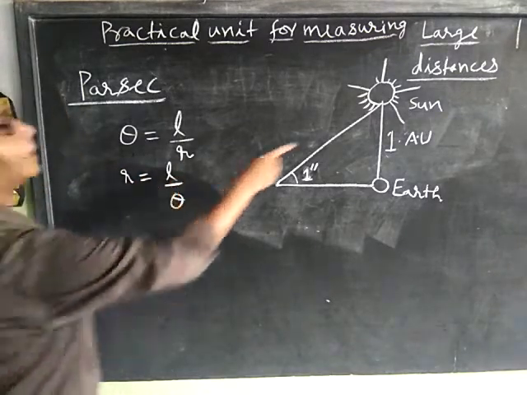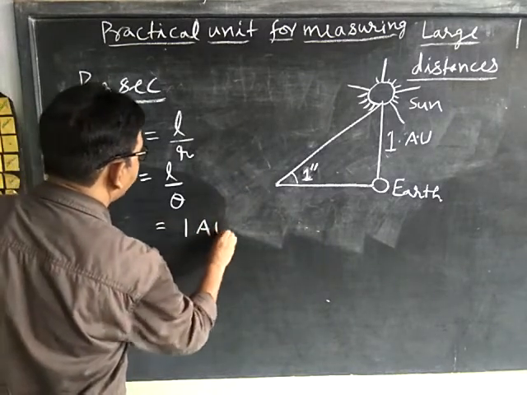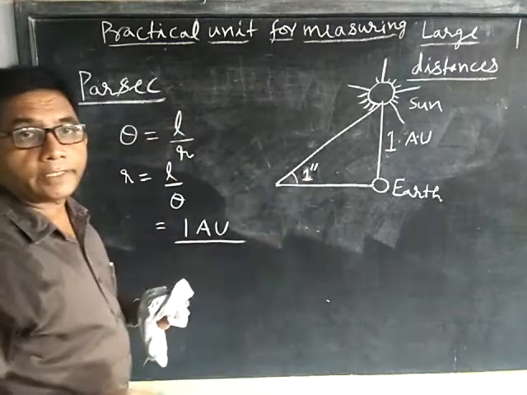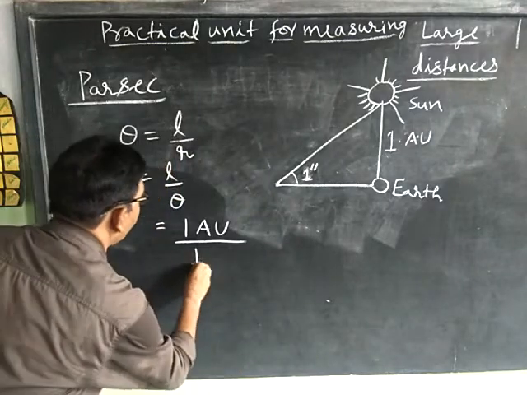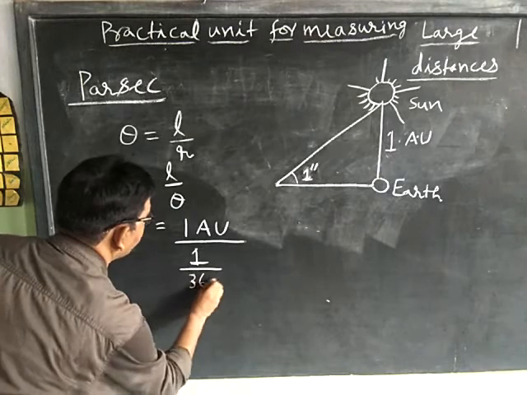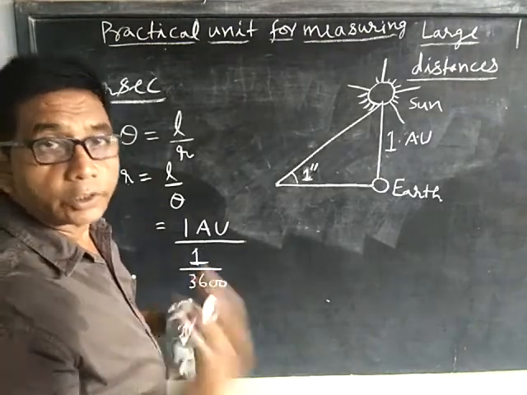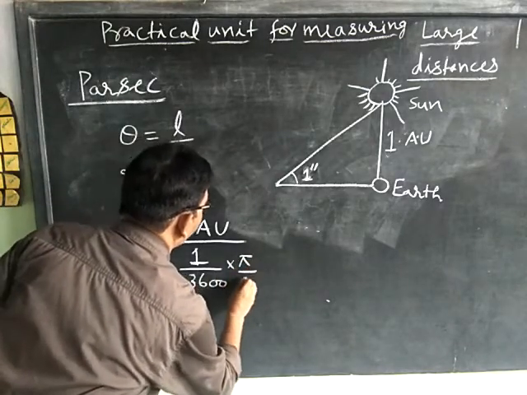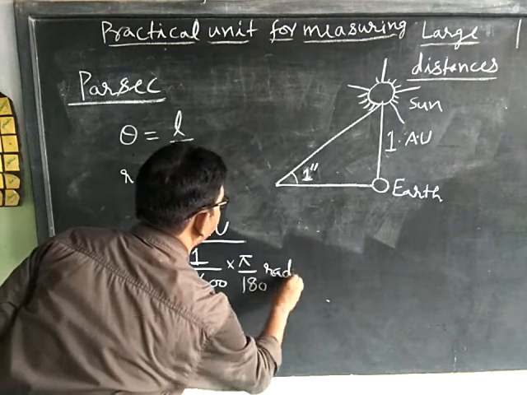Here the value of L is 1 astronomical unit and angle theta is 1 second. First we change 1 second into hour, that is 1 upon 3600, and we change it into radian, that is pi upon 180 radian.